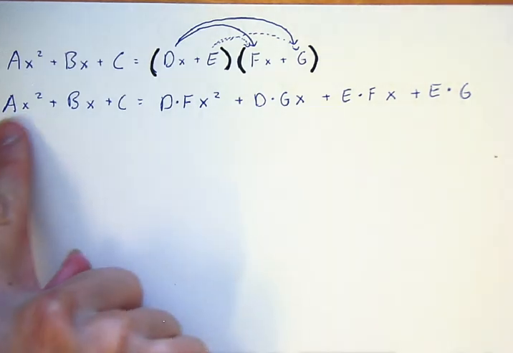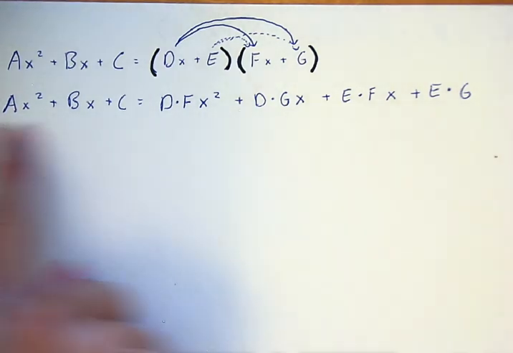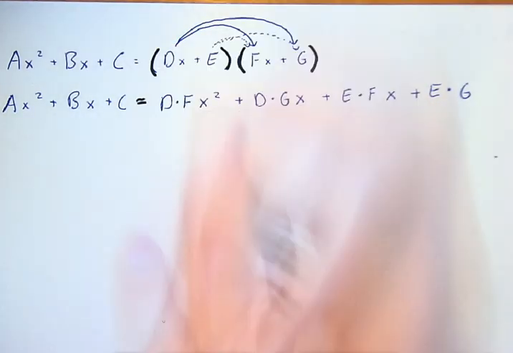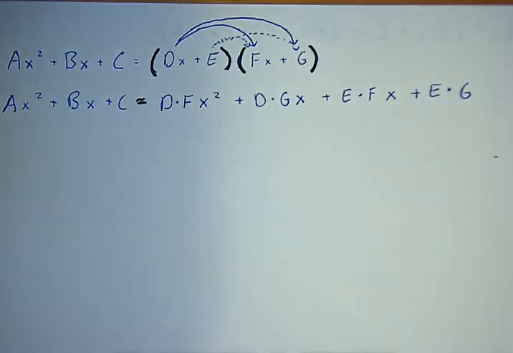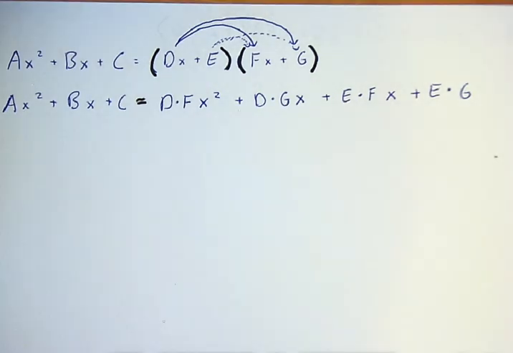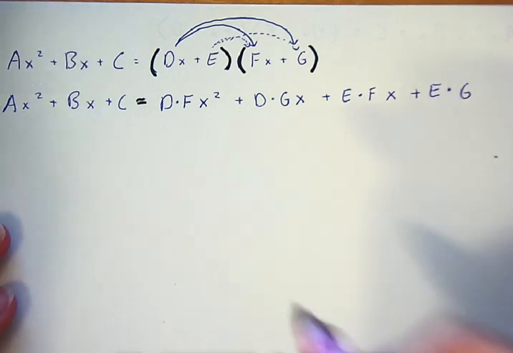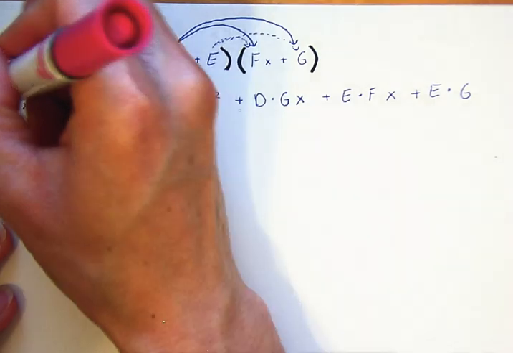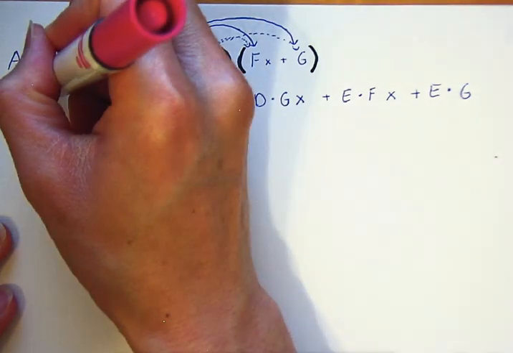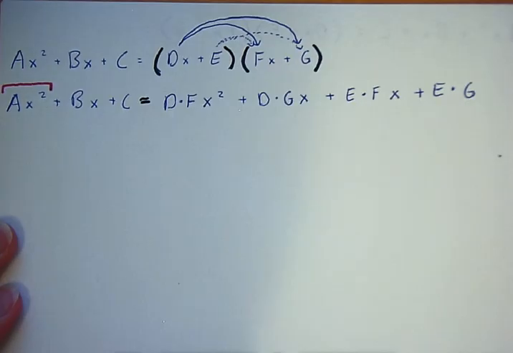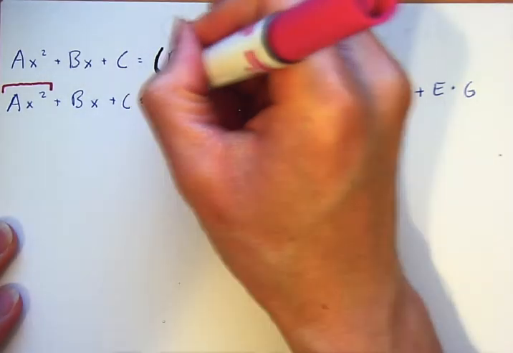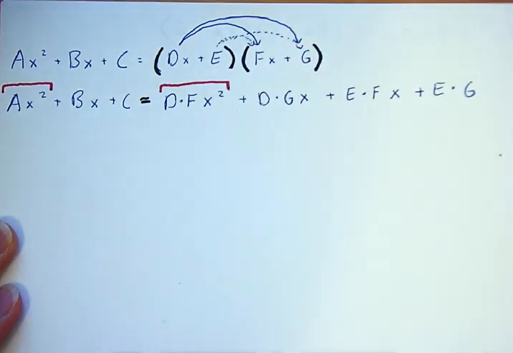So this part on the left of the equal sign will equal this part on the right of our equal sign. On my left-hand side, I have one term with an x squared, which is this one. It's my only term with an x squared. And on my right-hand side, this is the only term with an x squared.